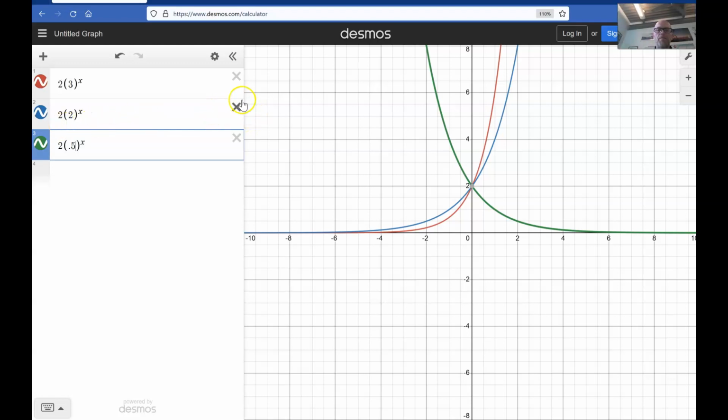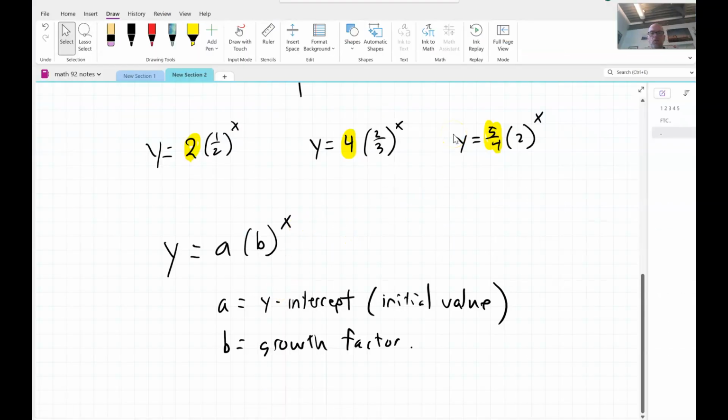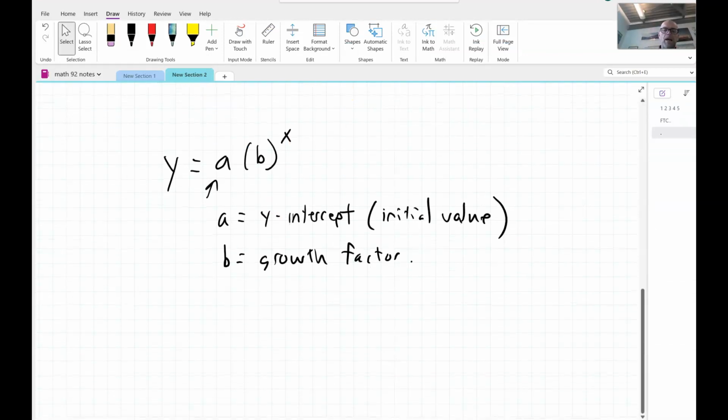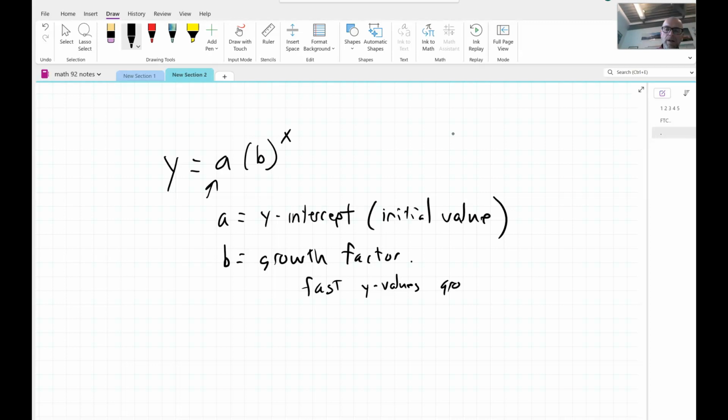So, let's hop back over here and make the conclusion of this. So the a tells me where it crosses the y-axis, and the b tells me how fast the y values are growing, and the function is increasing if the b is greater than 1, and it's decreasing if the b is less than 1.